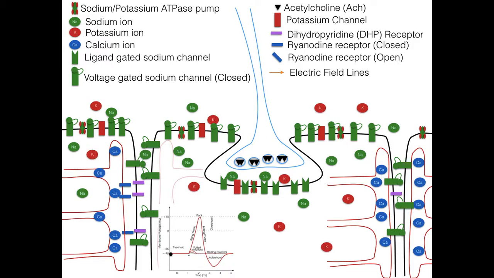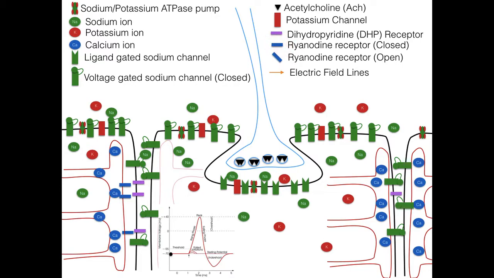And we have two more receptors that we haven't talked about yet, and those are DHP, or dihydropyridine, which are these little pink rods here, and ryanodine, which are these blue rods here.